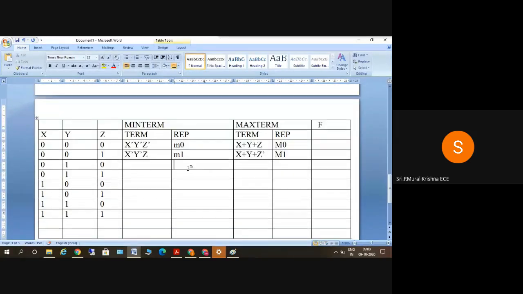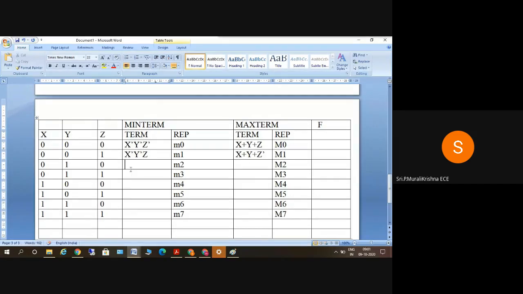So it is M2, M3, M4, M5, M6, and M7. These will be capital letters.